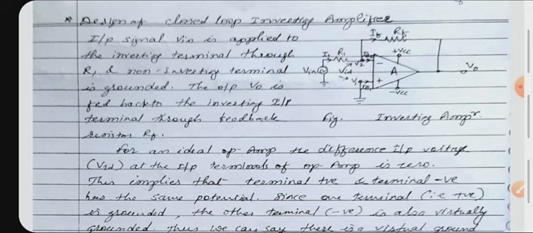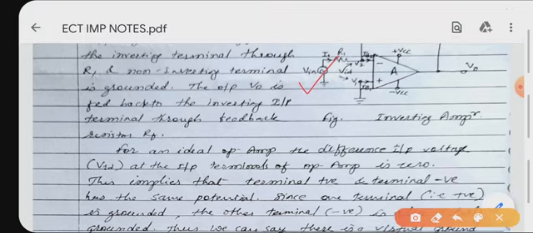So as it can be seen from this circuit diagram, the input signal is applied to which terminal? To the inverting input terminal, and non-inverting input terminal is grounded. There is a feedback resistor through which IF is the current flowing. R1 is the input resistor through which I1 is the current flowing. IB1, IB2 are the two bias currents flowing through the two input terminals of op-amp.